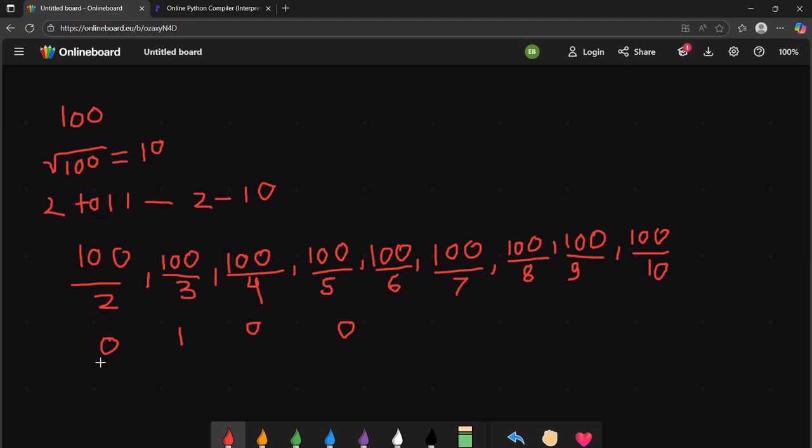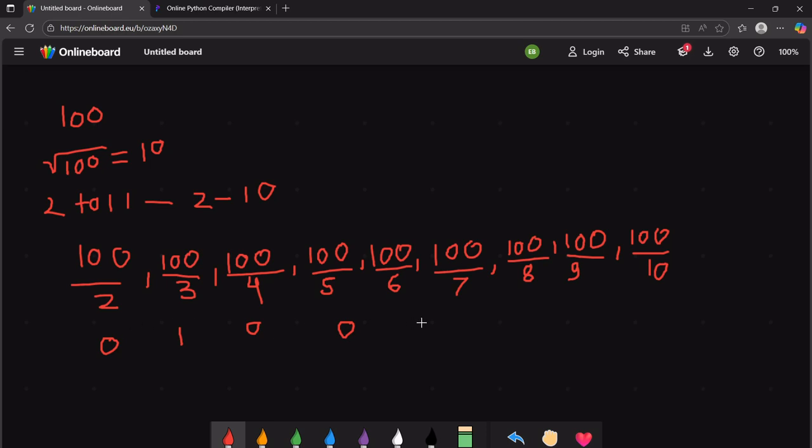If any of these 10 numbers give remainder 0, then it is not a prime number. If we don't get remainder 0, then it is a prime number. In this case we encounter more than two zeros as remainders, so this number is not a prime number.